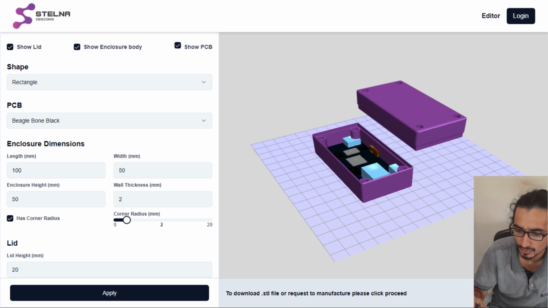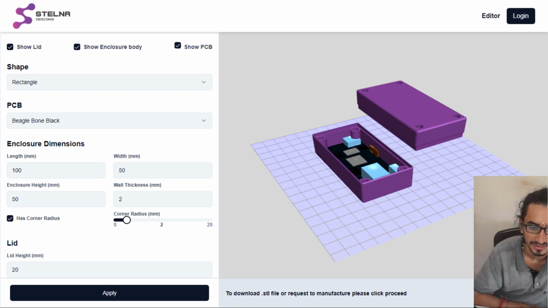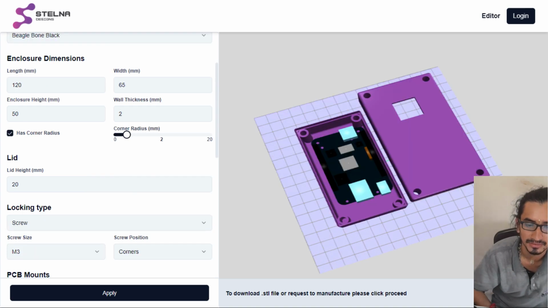The whole aim of this tool is that a person with a PCB must be able to easily generate an enclosure and find the prices and available technologies to manufacture it at a cost they find viable for whatever they are building.